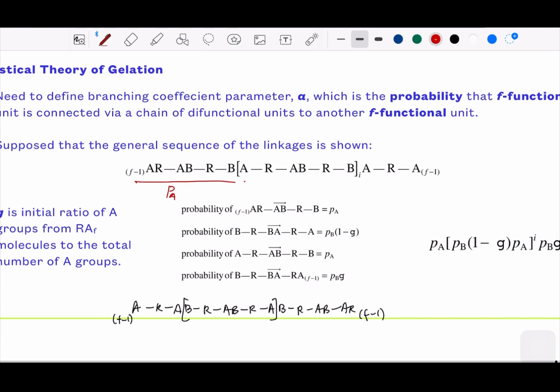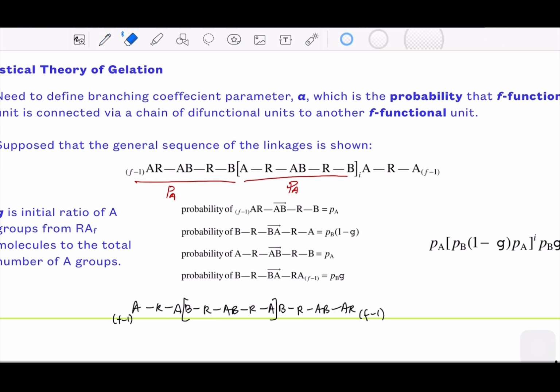So this is the same PA here. And then AR, AB, R, AR, AB, RB. Oh, wrong.